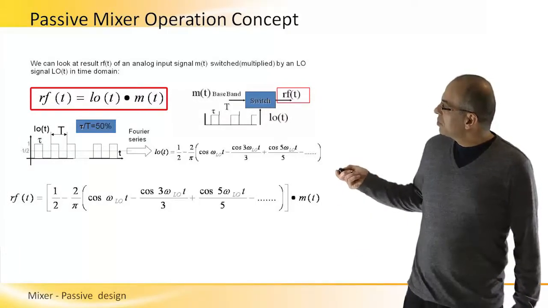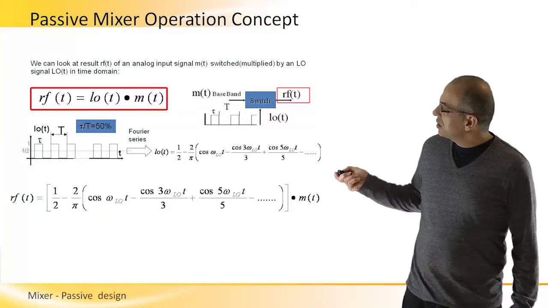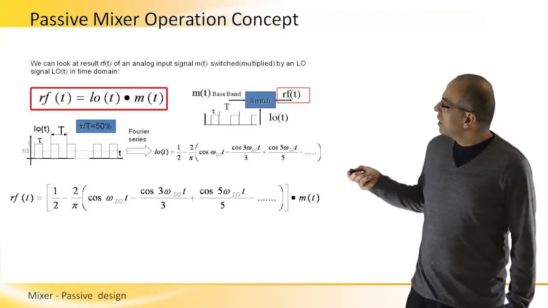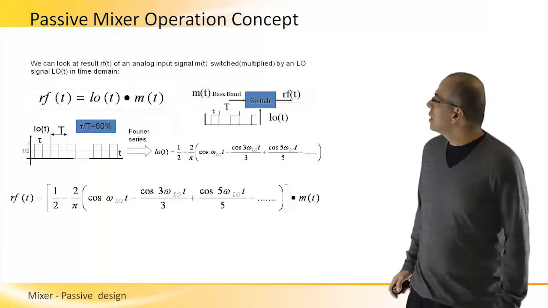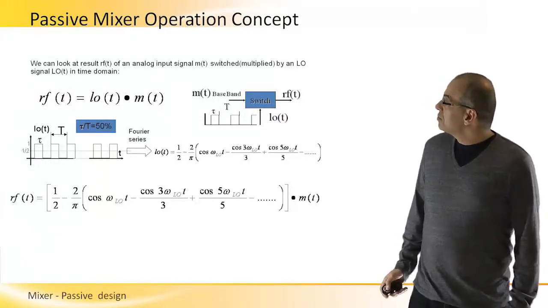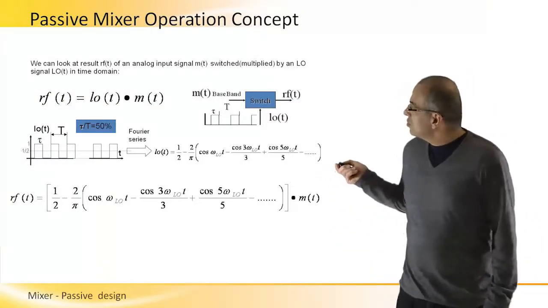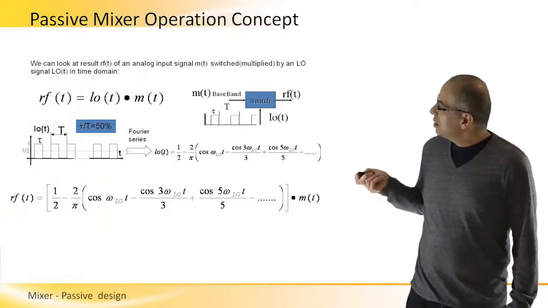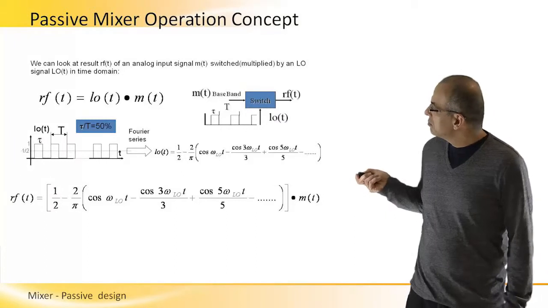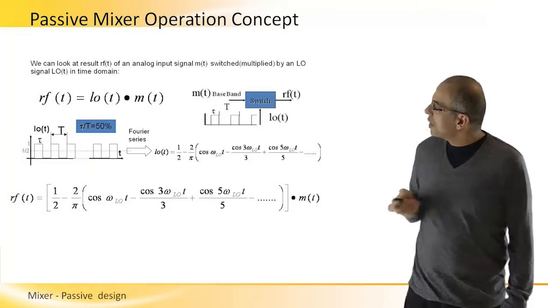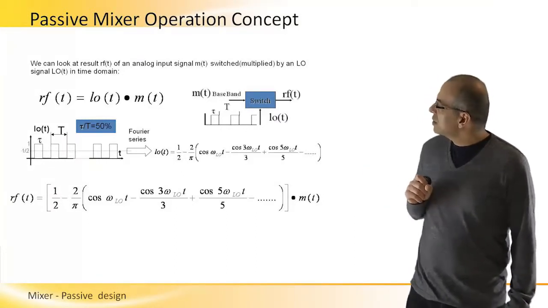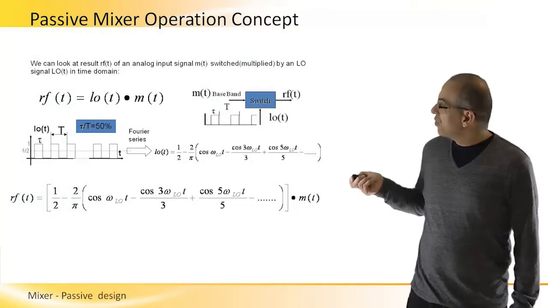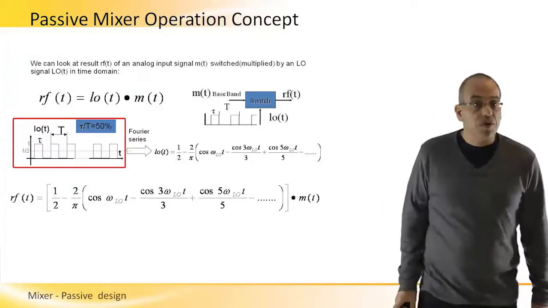Or in a very simple expression, the RF signal in time domain will be the multiplication of the LO signal times the input M. Now, if we assume on and off switching, the simplest way to analyze the circuit is with a 50% duty cycle square wave.